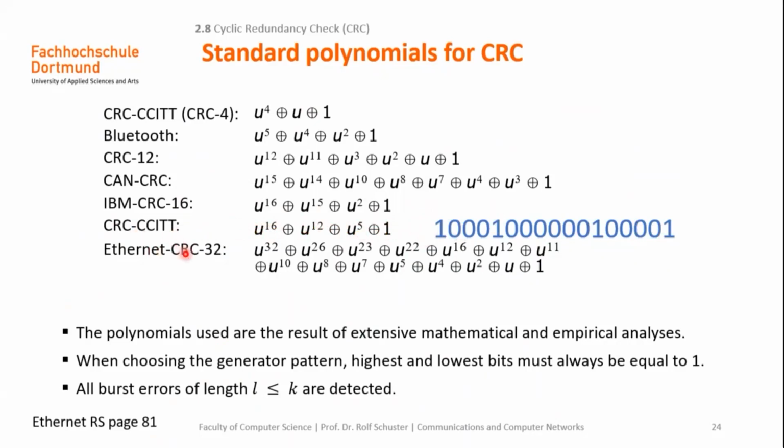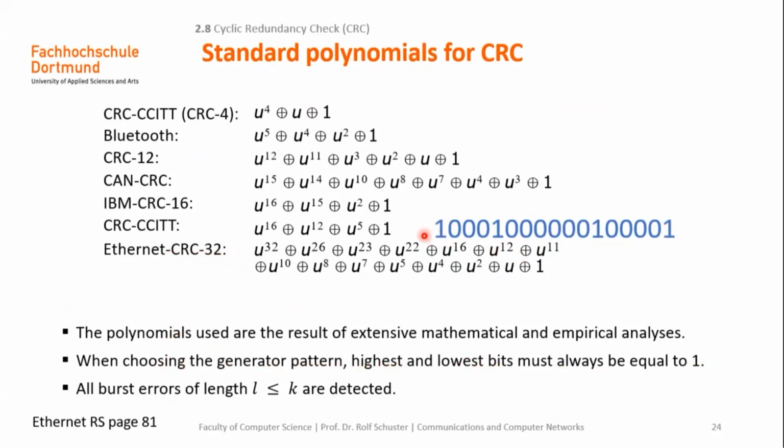And this one is the polynomial used in Ethernet, that is a CRC of 32 bits. Remember that the generator pattern always has the highest and the lowest bit at 1. For instance, in this case, the lowest is 1 and the highest is 1 too.